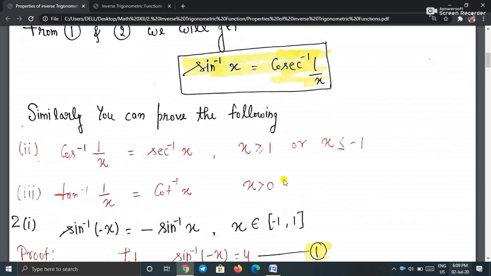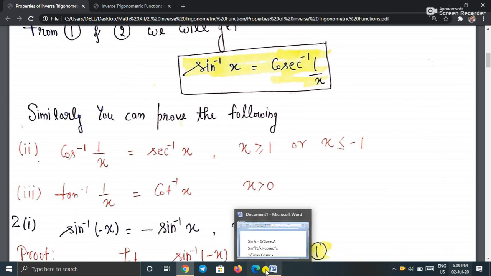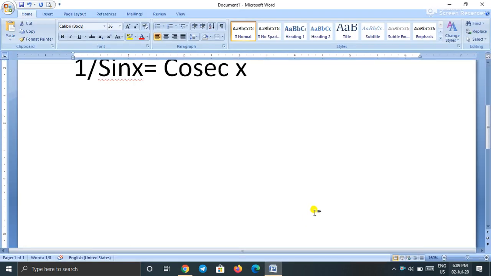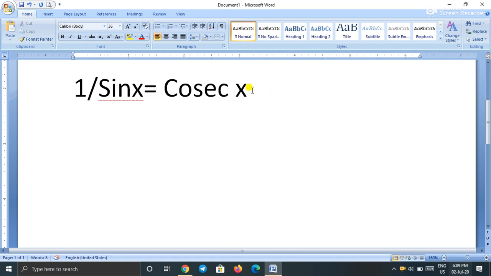Similarly you can show that cos inverse 1 upon x is equal to sec inverse x, because in circular trigonometric function you have studied cos of b is equal to 1 upon sec of b, right?